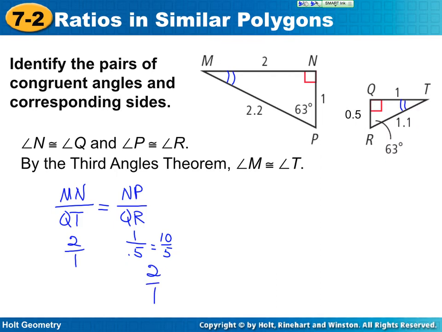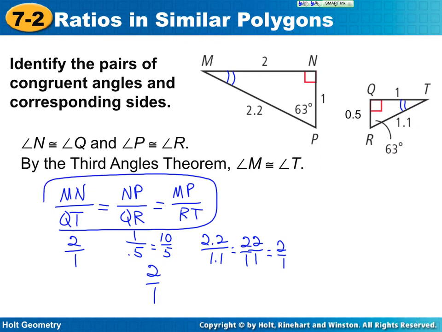And then MP compared to RT, that would be 2.2 compared to 1.1, or maybe I should write 22 to 11 to start with, 2 to 1. So I did get 2 to 1 for every ratio, so here's my statement that shows that they are proportional.